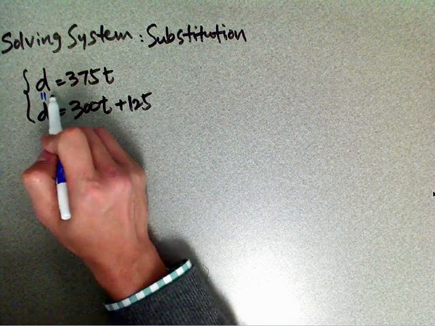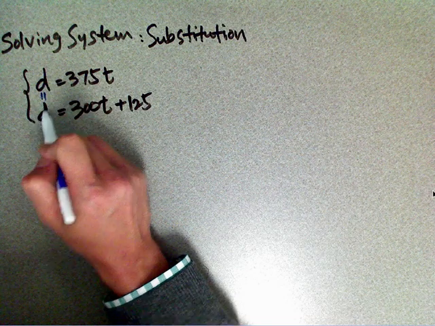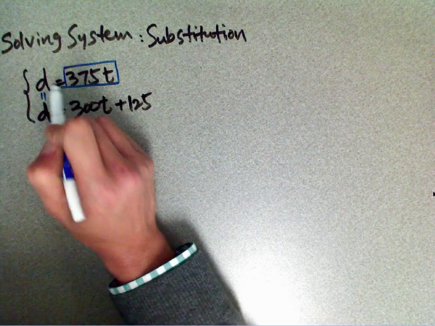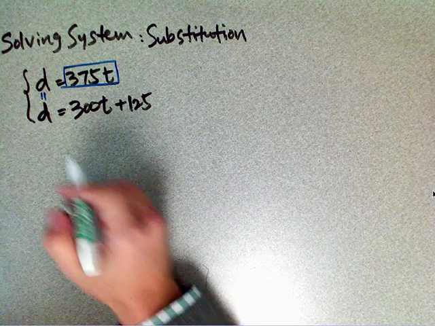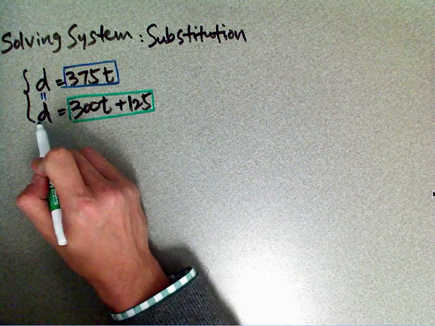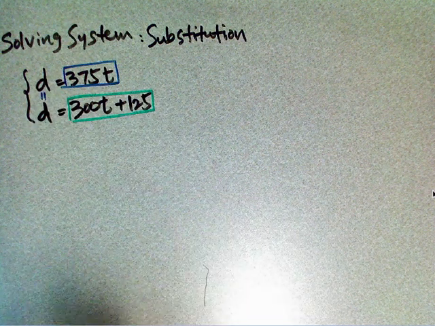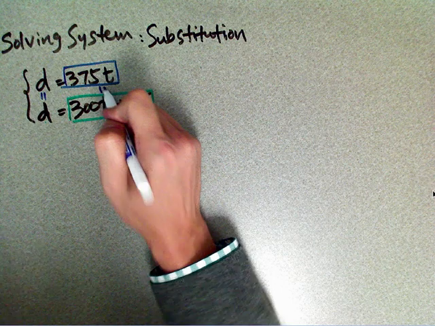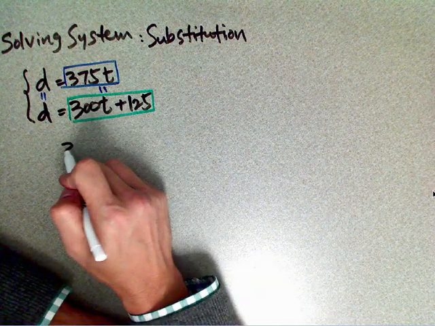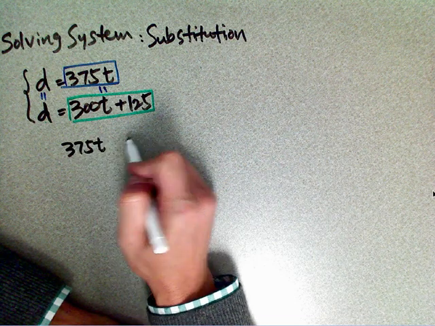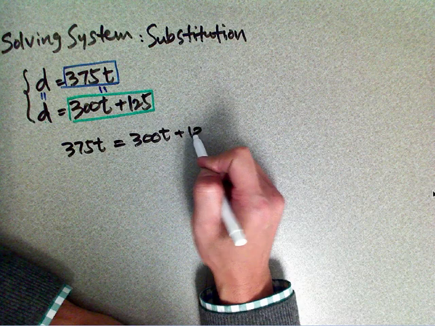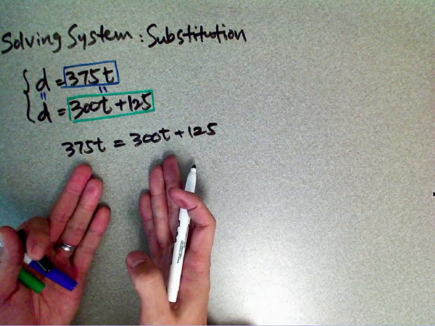That means if this d is equal to this d, and if this d is equal to this guy, then this d is equal to this guy, and if these two guys are exactly the same, then these two guys must be exactly the same or equal. So we're going to set that up. 375t is equal to 300t plus 125.